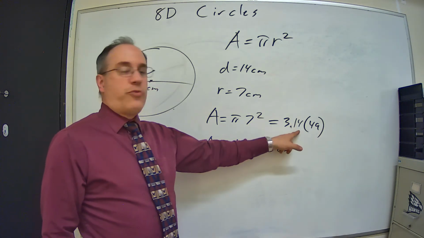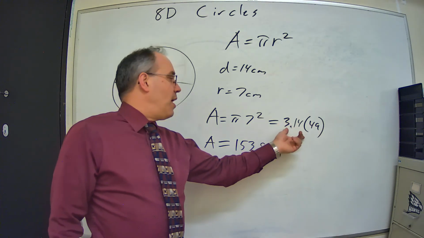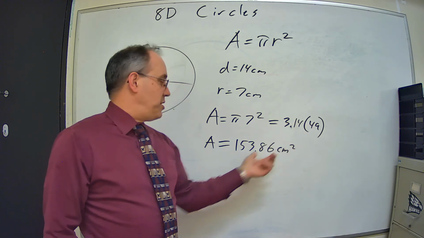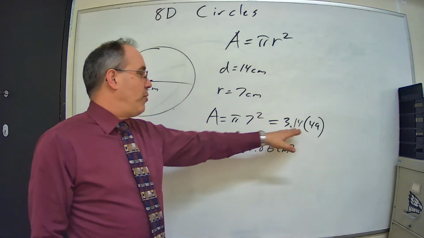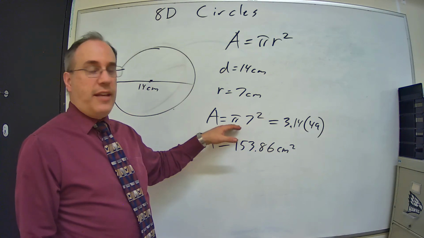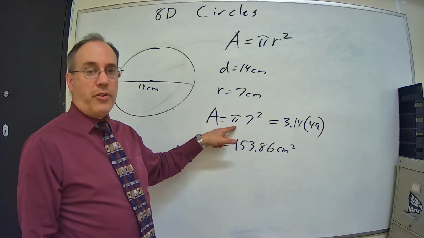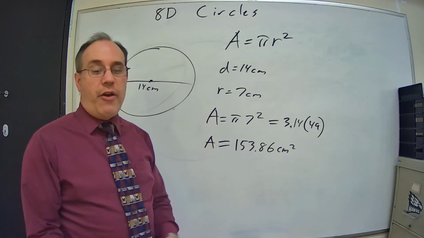So by putting this 3.14 here, you're saying, I'm using the approximation, this is the value I got. If you didn't put that 3.14, then this indicates that you used the pi button on your calculator and you should have got a higher value.